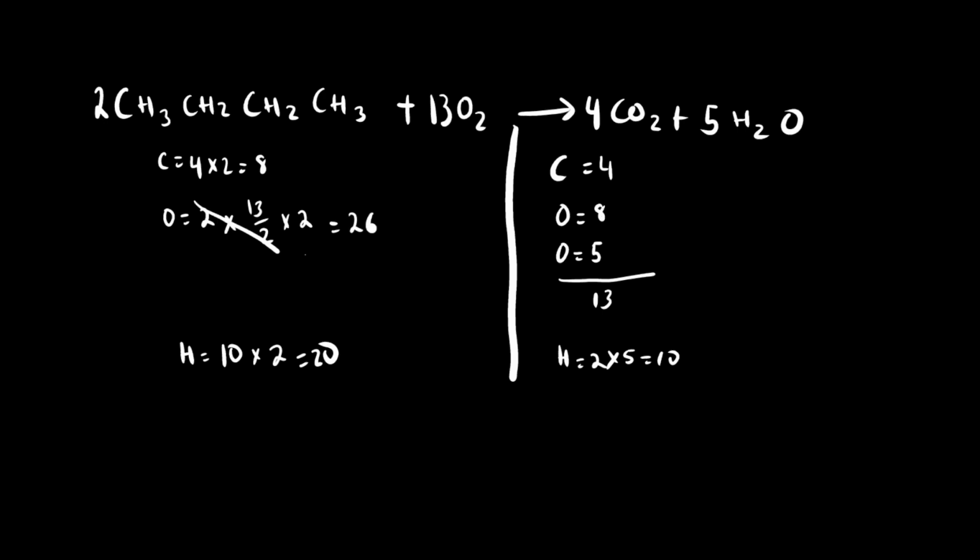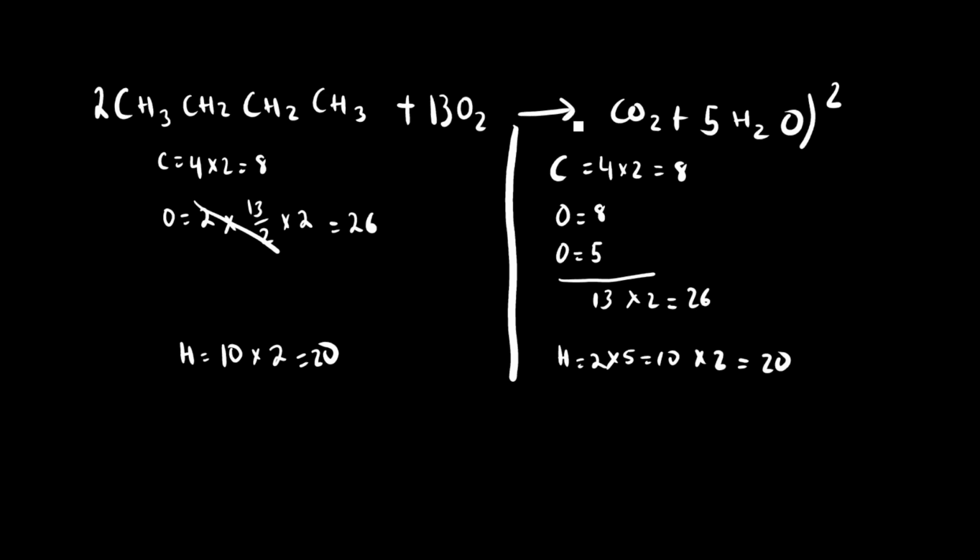And it's an equation, so what you do to one side, you have to do to another. Because we multiplied the whole left side by 2, we have to do the same to the right hand side.